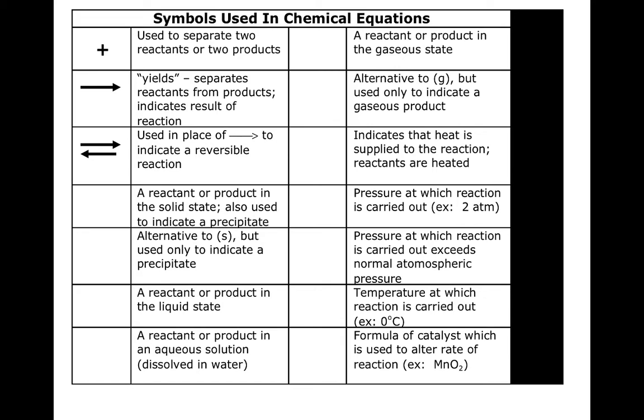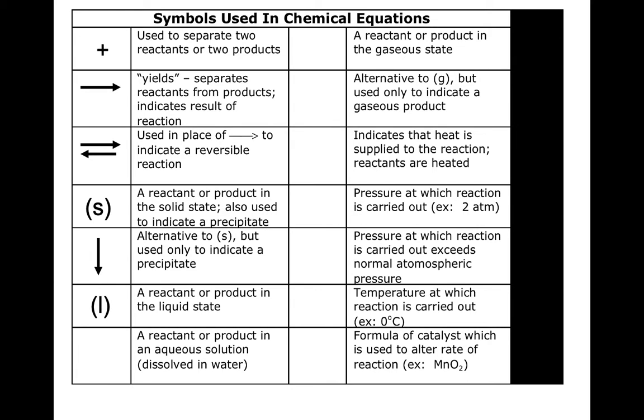If you produce a precipitate, there are two ways that you can show that. A precipitate would be that solid falling to the bottom, so we can use the symbol S, or since it is a solid falling to the bottom, you can show a down arrow. If something is liquid, and that would be water, we would designate that with an L.